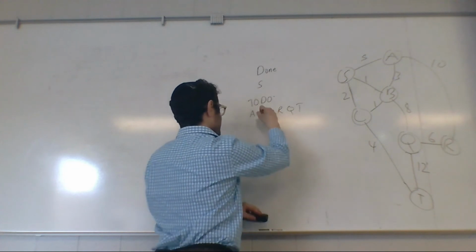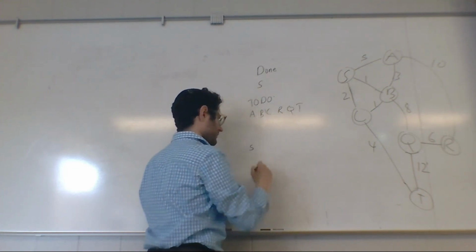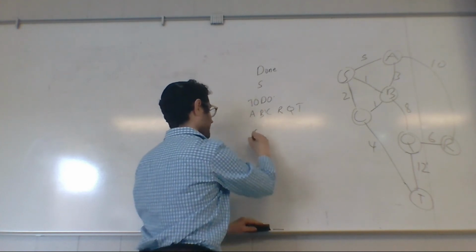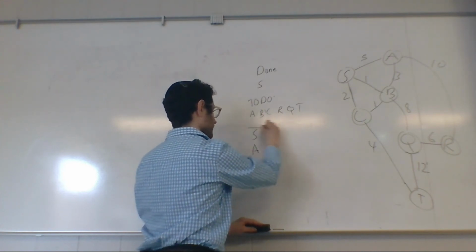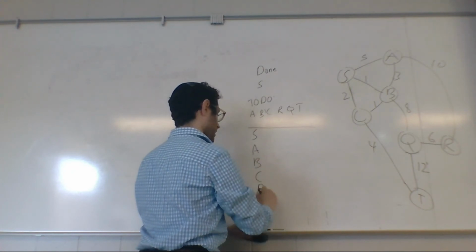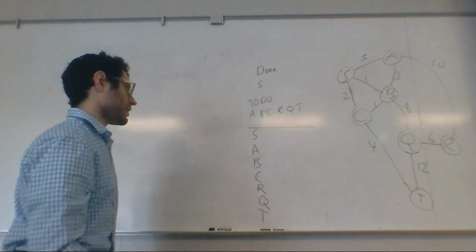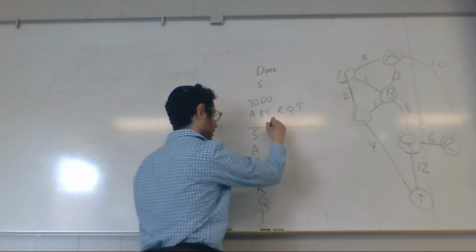And then we had that table where we listed S, A, B, C, R, Q, T. Those were all of our nodes.